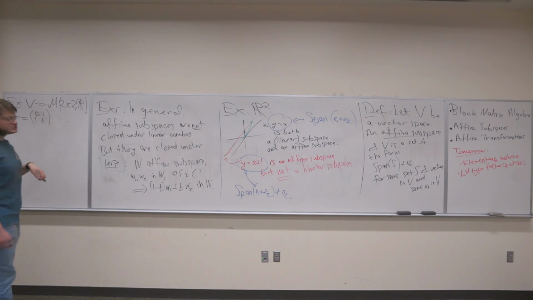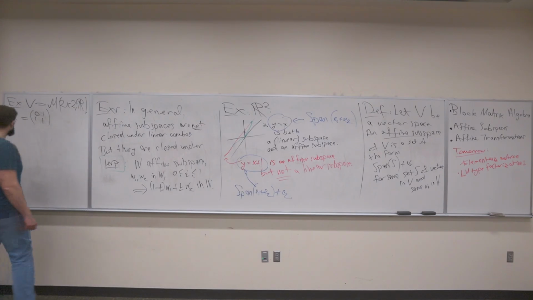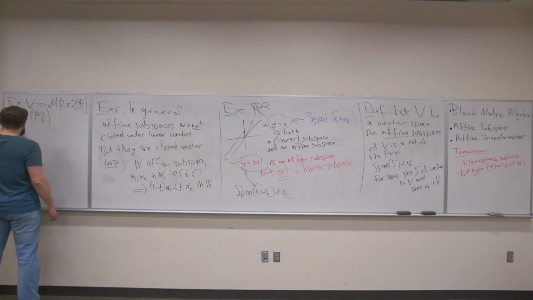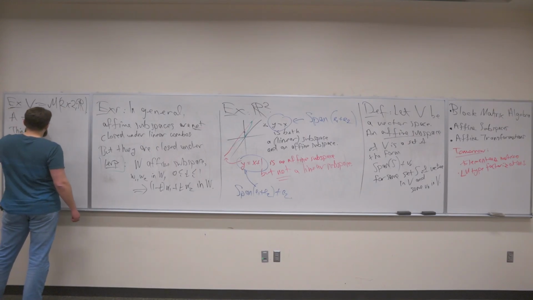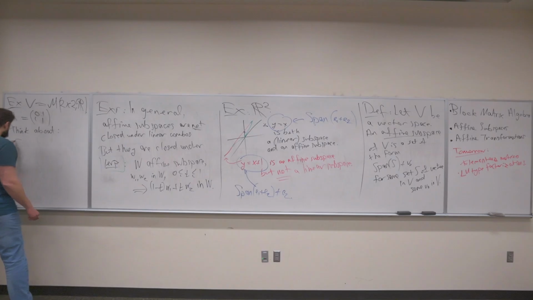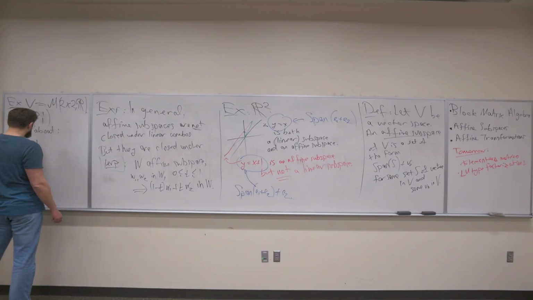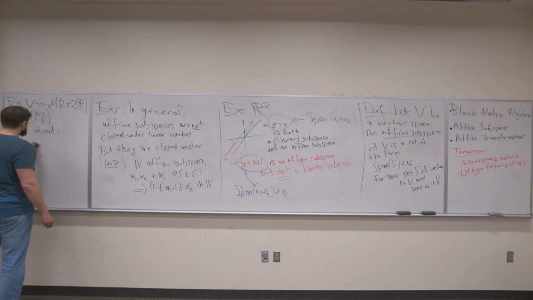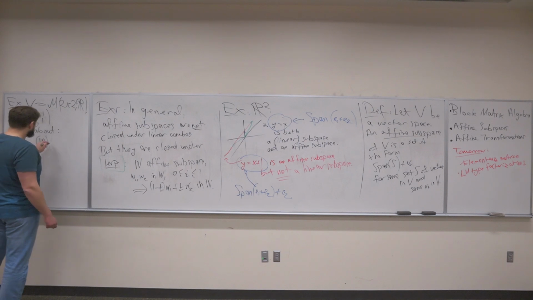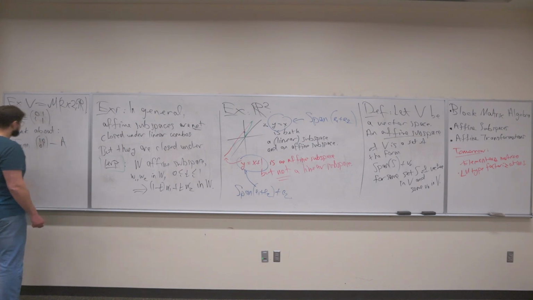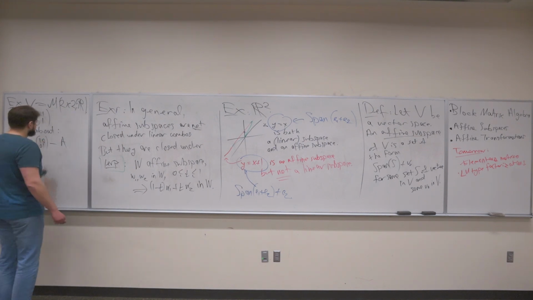Let me try to visualize what is happening. I want to think about the following line. I want to think about the span of the identity matrix as a vector, and then minus A. This is an affine subspace.